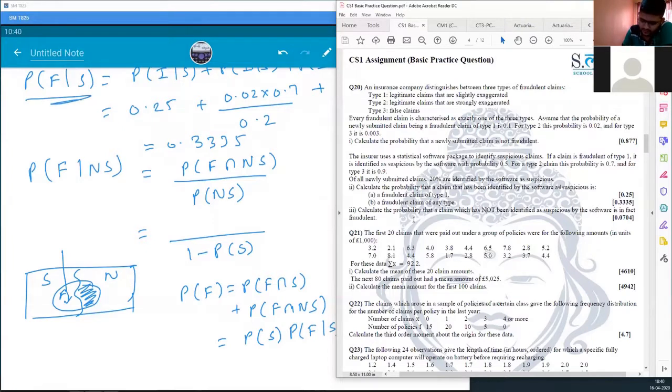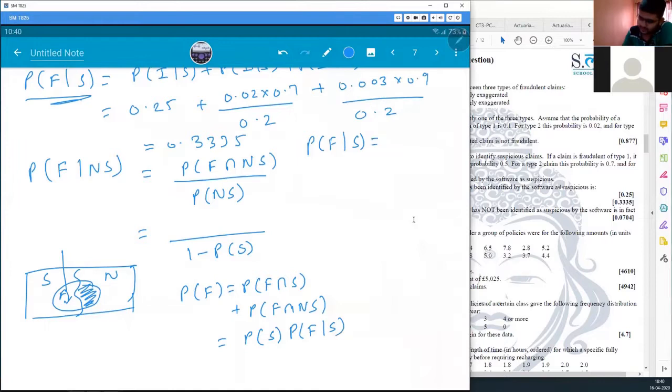With this we have made the formula, because our probability of fraudulent given suspicious will be intersection by f of s. This is our conditional probability.